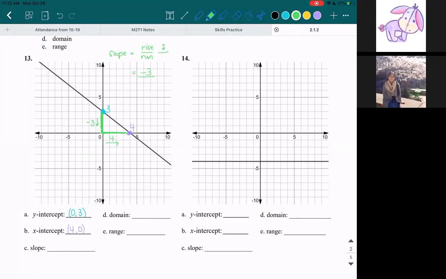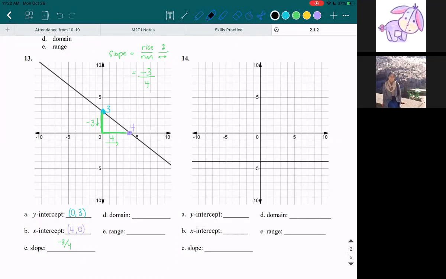And then the run is the left-right direction. I went right, so that's a positive number. I went right by 4, so I have a positive 4 over here. My slope is negative 3 over 4. So down 3 and right 4 gave me the negative 3 over 4 slope.